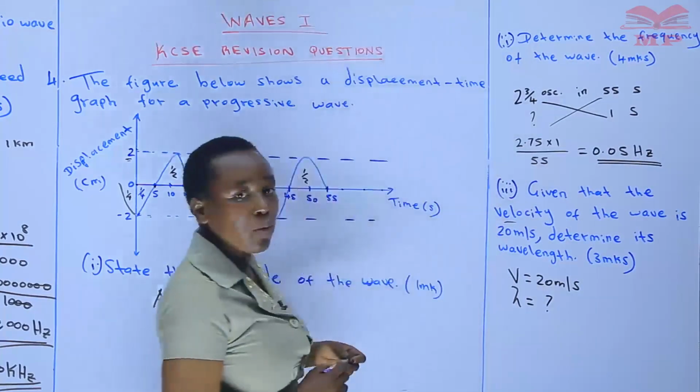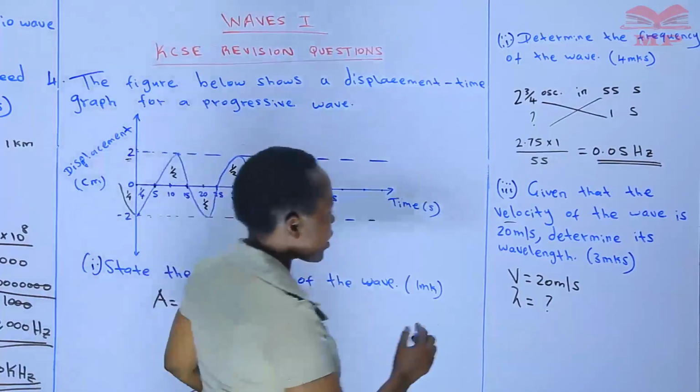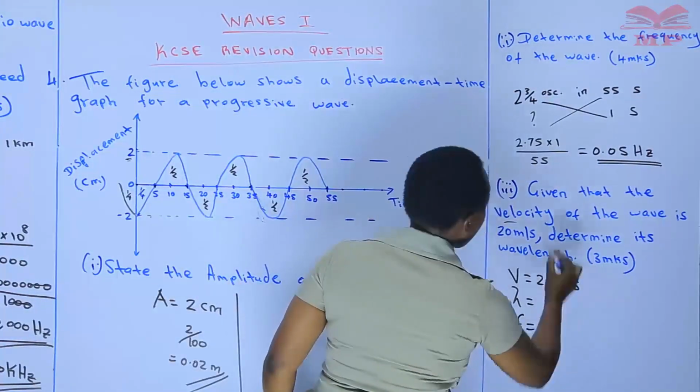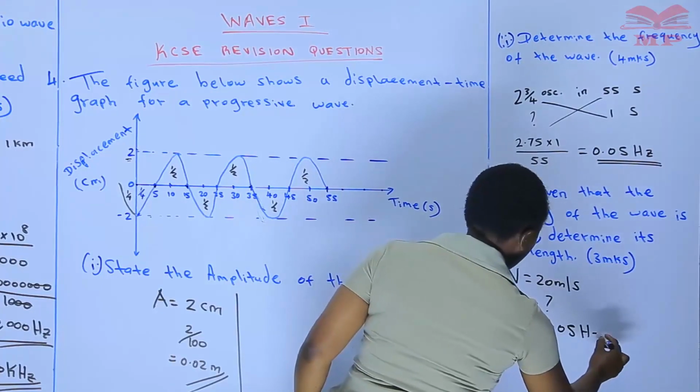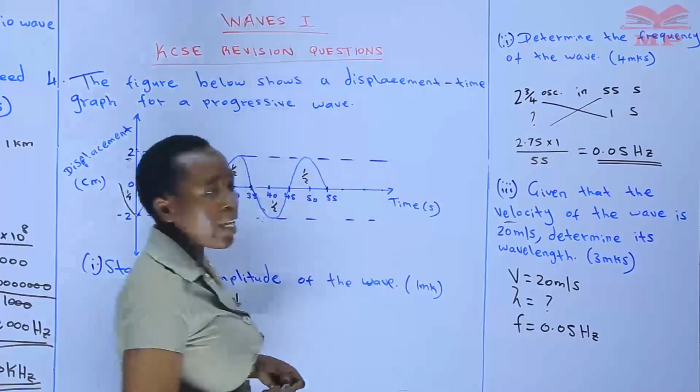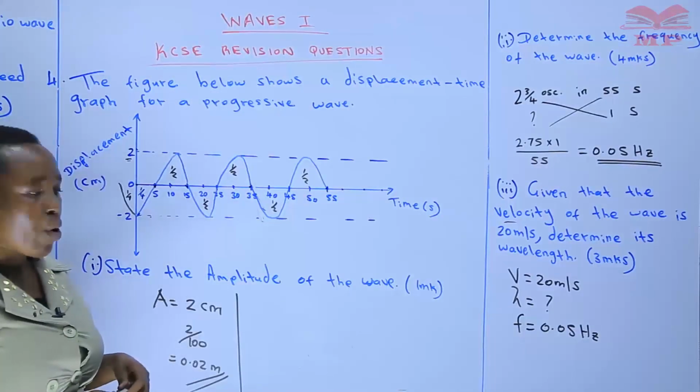And we know that we had calculated the frequency already. So our frequency, we had gotten it as 0.05 hertz. So we want to move ahead and calculate the wavelength.